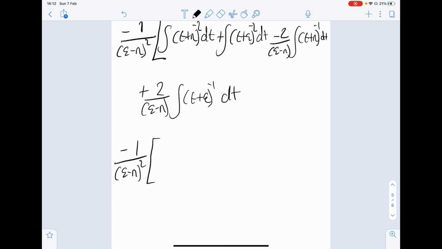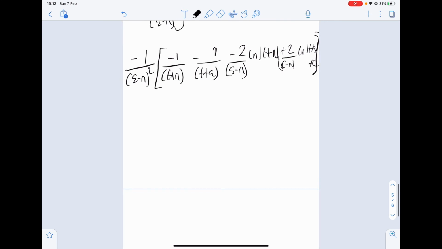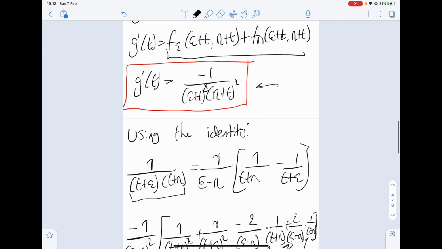So we get that this is equal to minus 1 over (t plus eta) minus 1 over (t plus epsilon) minus 2 over (epsilon minus eta) cubed of ln of (t plus eta), and then plus 2 over (epsilon minus eta) cubed of ln (t plus epsilon) plus a c. Don't forget the constant.